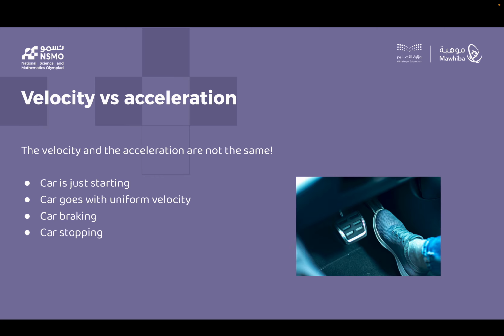In this case, the velocity is some positive value, but as it does not change, the acceleration is zero. Third, the car is braking. In this case, the velocity is some positive value, but the speed is decreasing, so the acceleration must be negative. And finally, the car is stopping. It still has some very low speed, but it is decreasing, so the acceleration is negative.